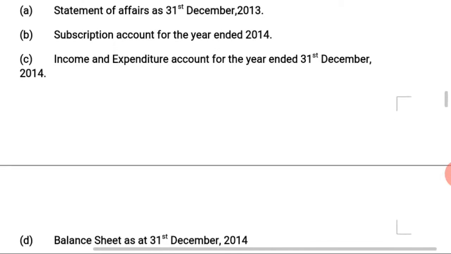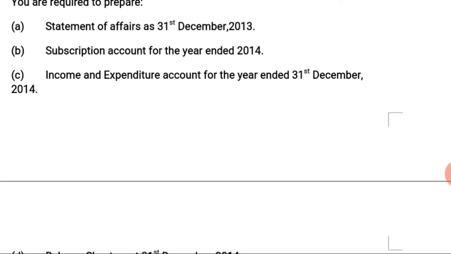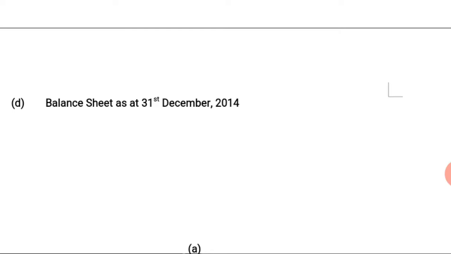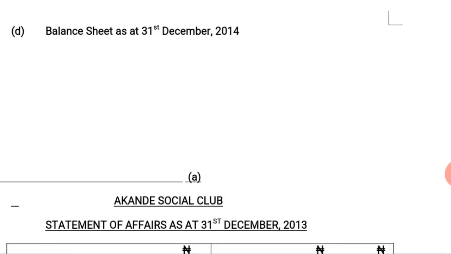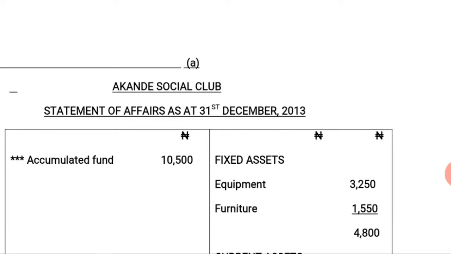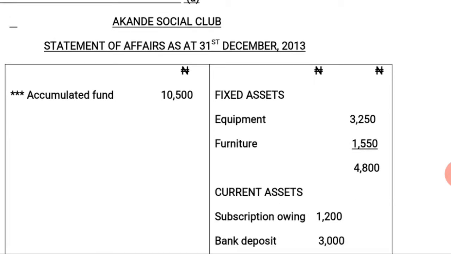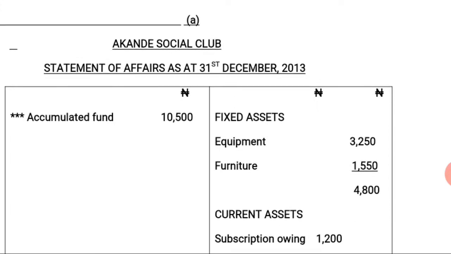Then we are required to prepare the subscription account also for year 2014, as well as the income and expenditure account and the balance sheet for the year 2014. Without wasting much of our time, let us look at how to prepare the accounts as required by the question.